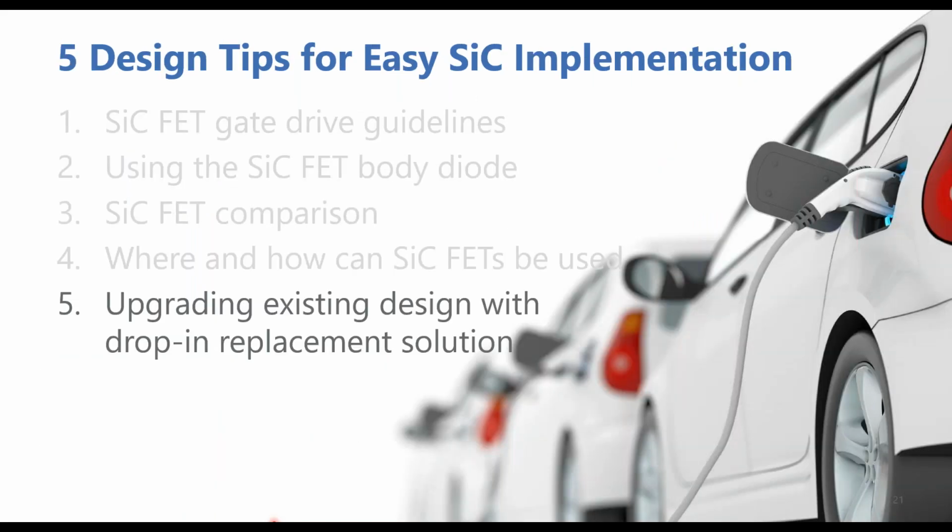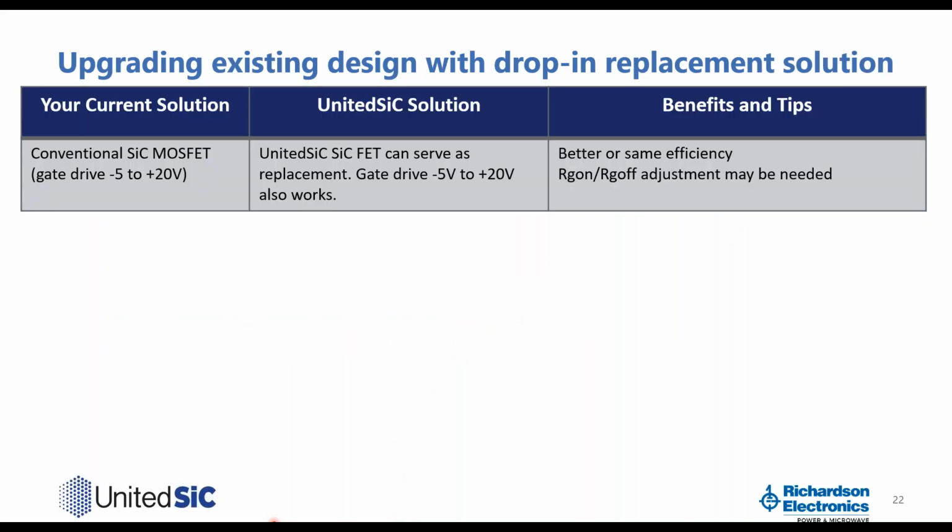Okay, so next I would like to talk about upgrading your existing design with a drop-in replacement solution. So here are a few cases. First, your current solution might be a conventional silicon carbide MOSFET, so you already implemented the -5 volts to +20 volts gate drive.